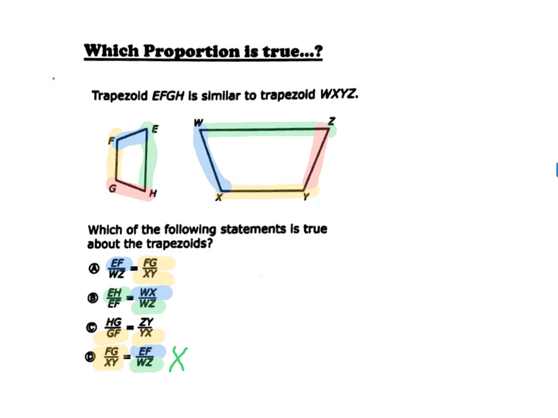XY is yellow. ZY red. And this one is already wrong because it's saying that a green is similar with a blue, which is not correct. WZ is green. This one is wrong because it has 3 colors.